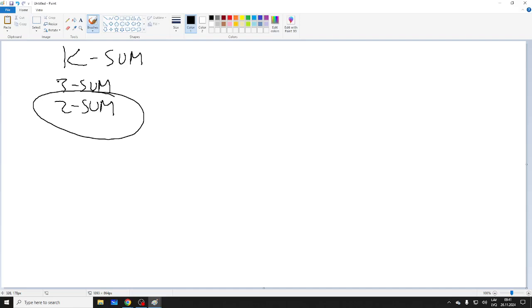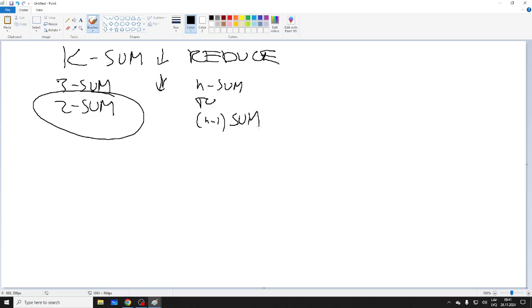So try to reduce. We have an n-sum to n-minus-1-sum reduction. That would be the general approach: you know how to solve a simpler version, so try to reduce.